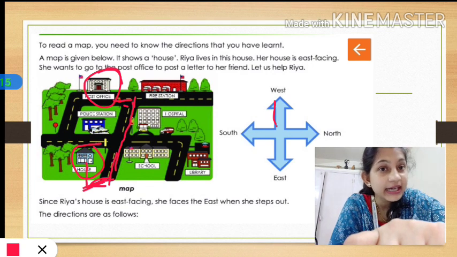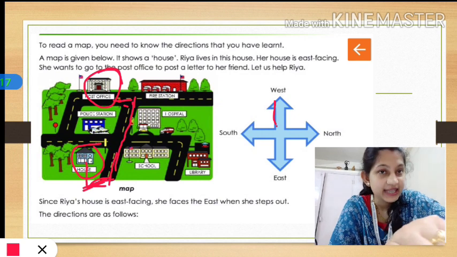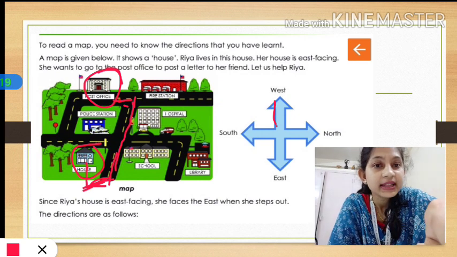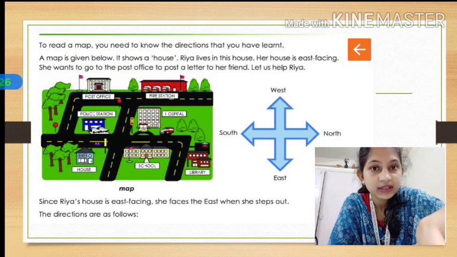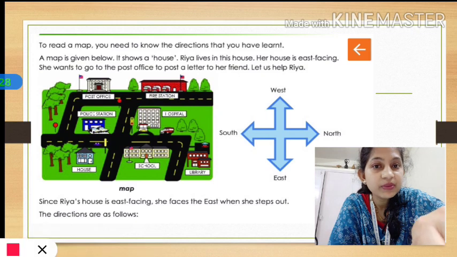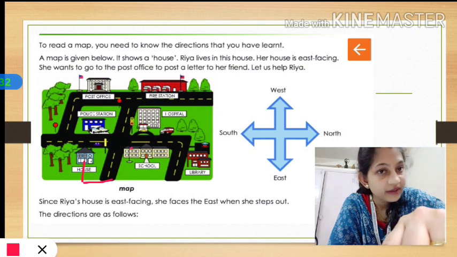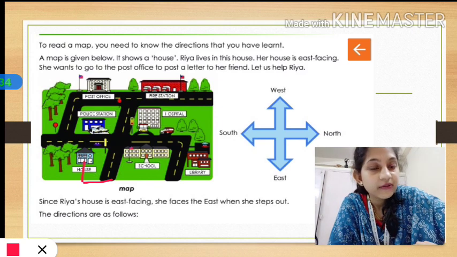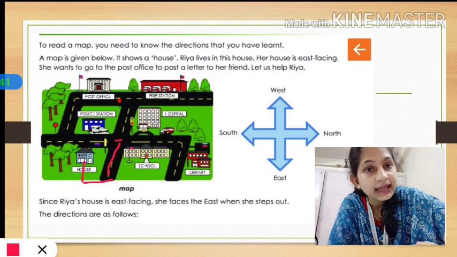Okay, and is there any other way she can reach? Yes, there is another way also. That is, she steps out of her house. Yes, now let us see what could be the other way. She can step out of her house, then she will again move left. This is the way. Then when she reaches the road, she will be going west, and instead of going straight, again she will be moving left.